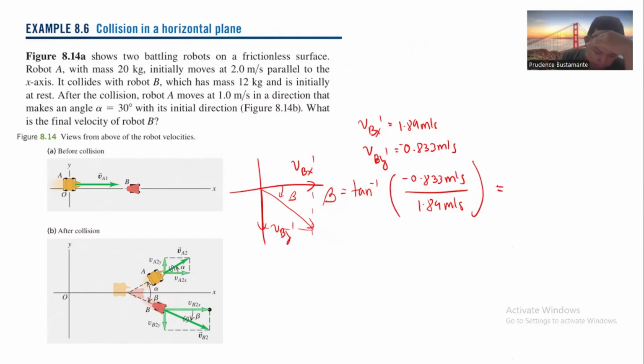Shift tangent of that over 1.89. So the answer, to two significant figures, is negative 24 degrees.